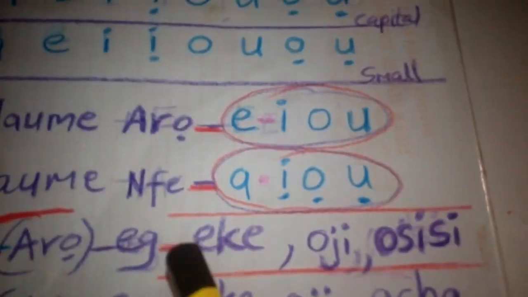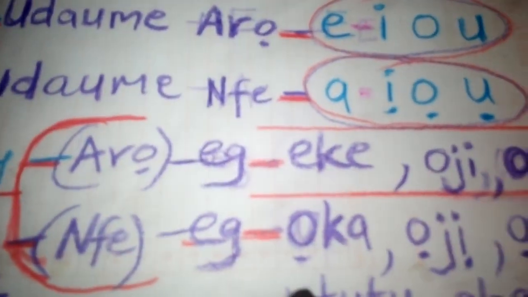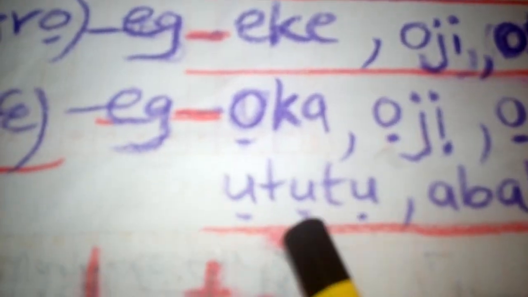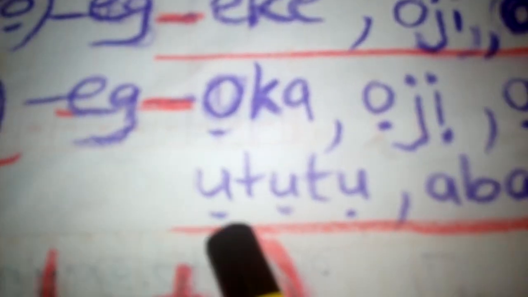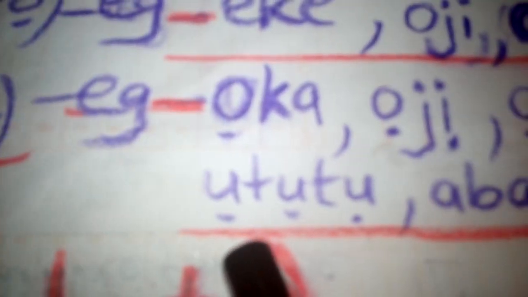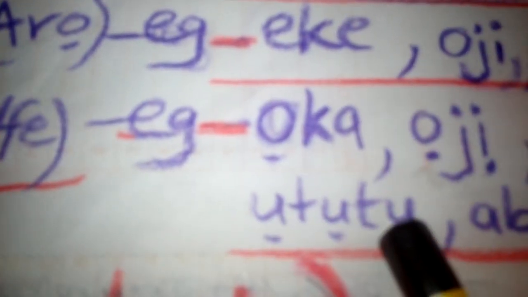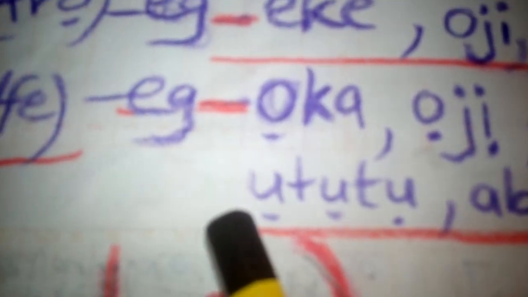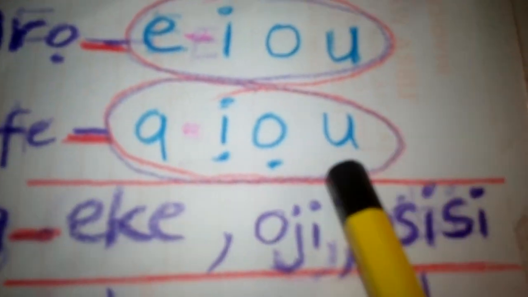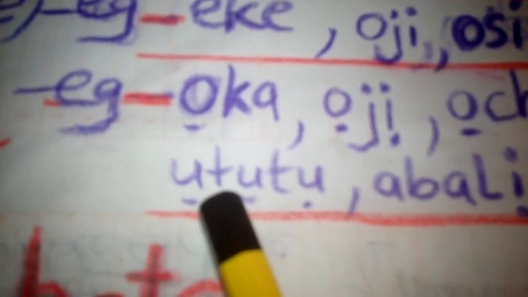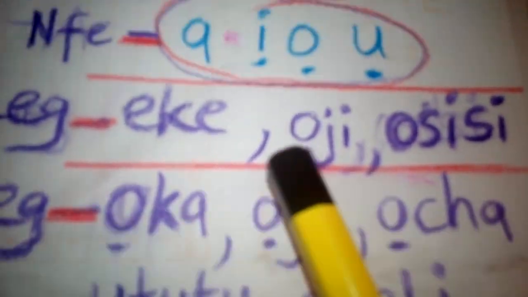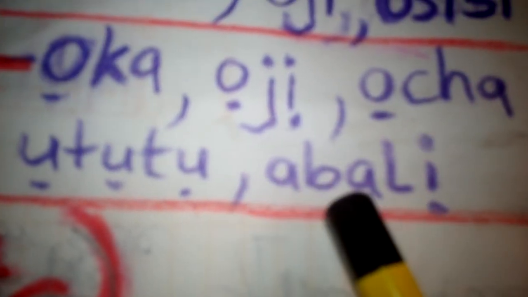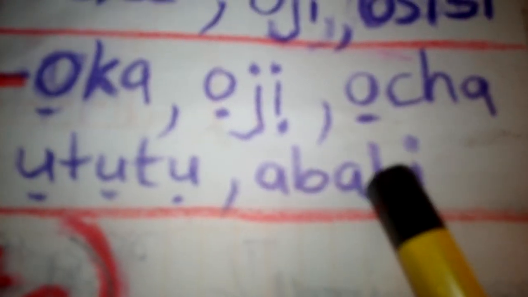It's like that. So we have some exceptions. I will show you an example now, but let's finish up. We have Ututu. Ututu is morning in the English language. You see U belongs to this group. T is a consonant. U belongs to the same group. Abali is night.